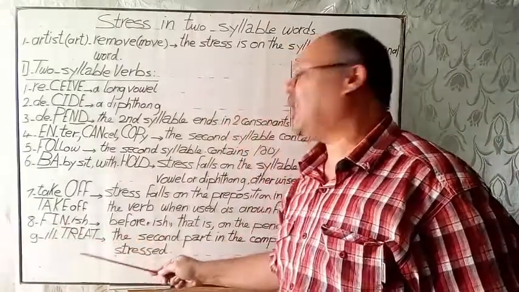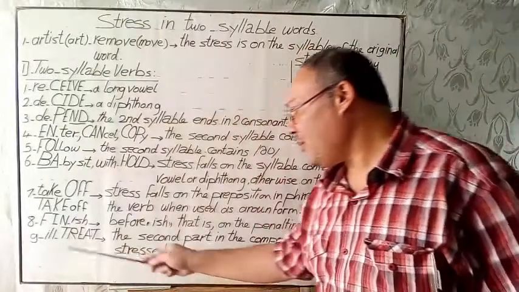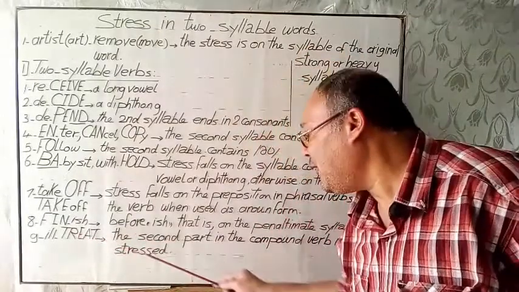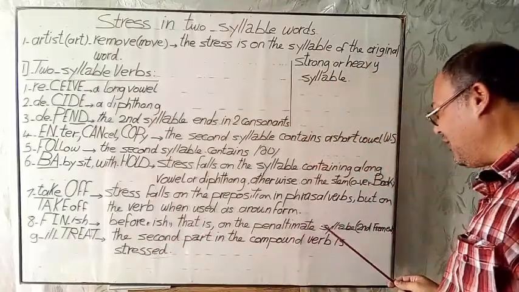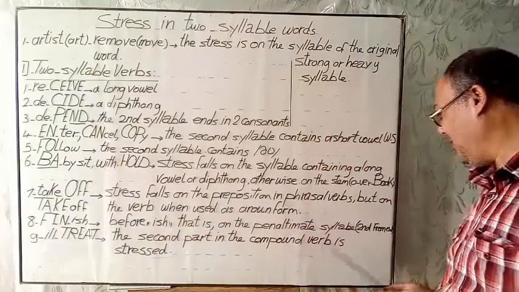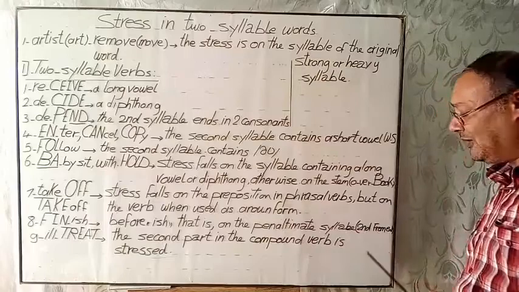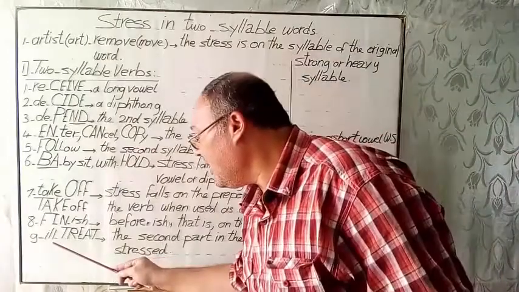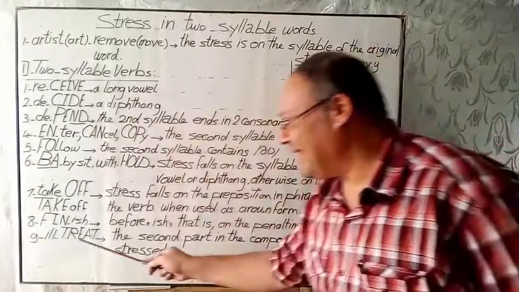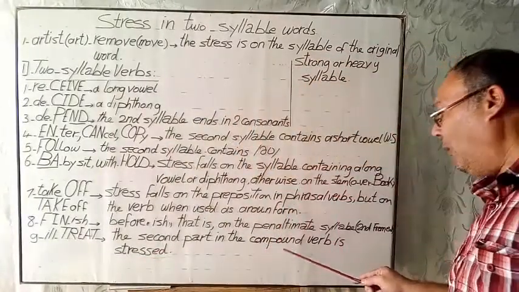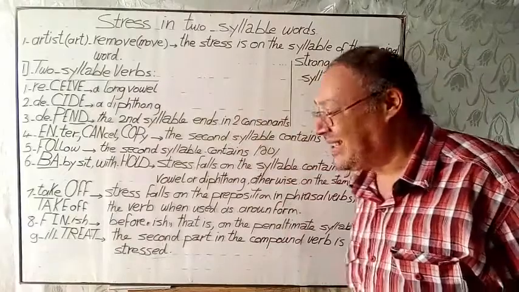So takeoff. Finish: before -ish, that is on the penultimate syllable, the second syllable from the end. Treat: the second part, which is treat, in the compound verb is stressed.